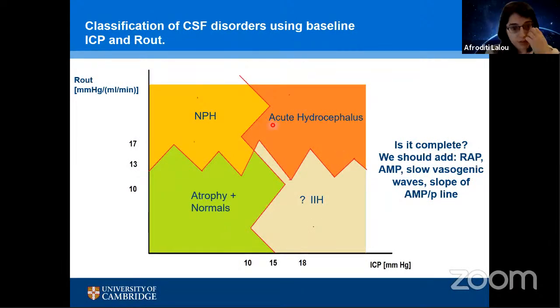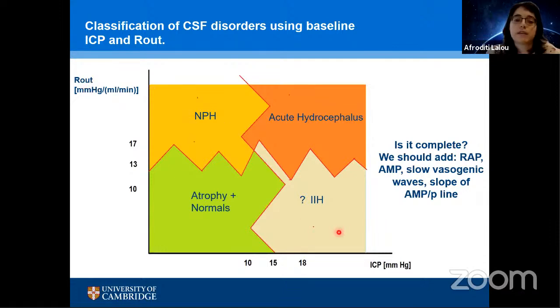Now, moving on to further assessment of ICP and ICP dynamics in IIH. As we've shown earlier, it is difficult to use just intracranial pressure to study CSF disorders. In the context of hydrocephalus, because we know that there's a circulatory component, we can add resistance.